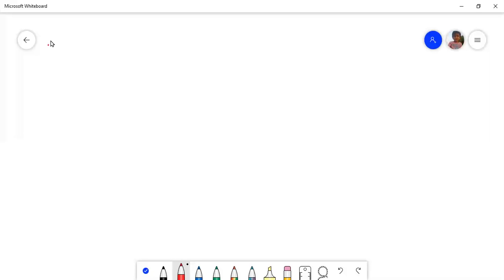The next definition is bounded below, bounded above, and bounded.